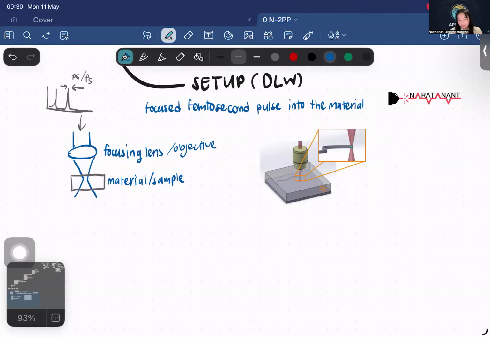And the characteristic of the nonlinear process is that it can be very localized, only at the focus point of the laser, which means you can do something similar to writing in the material with the laser.